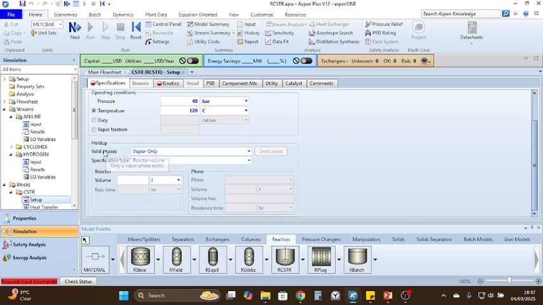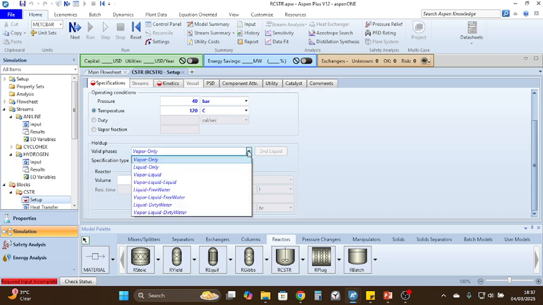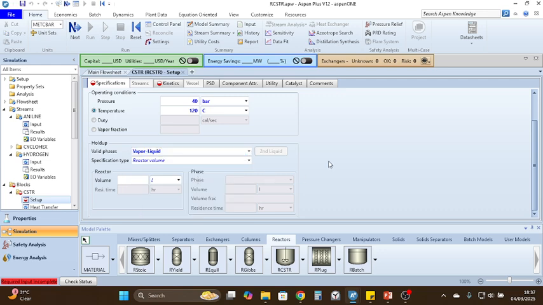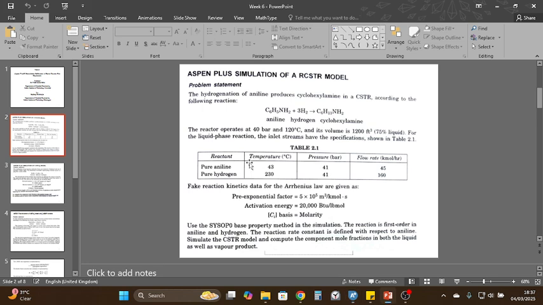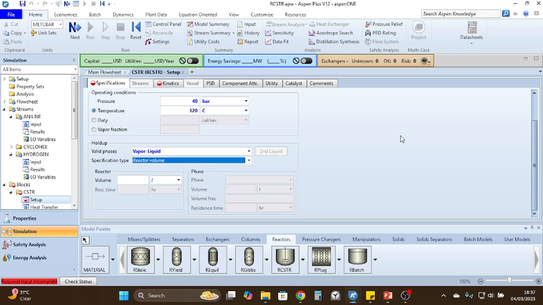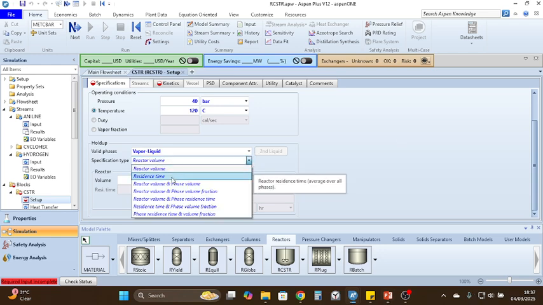Next is valid phases. Over here it is written only vapor, but we are having vapor liquid, that is two phase. Next is reactor volume. So over here you can see it is mentioned that the reactor volume is 1200 feet cube with 75% liquid, and the options given are reactor volume, residence time, reactor volume and phase volume.